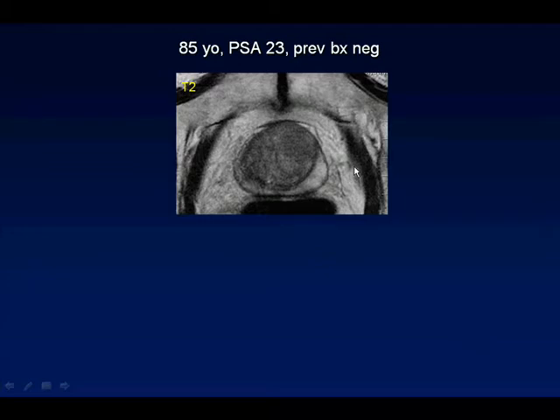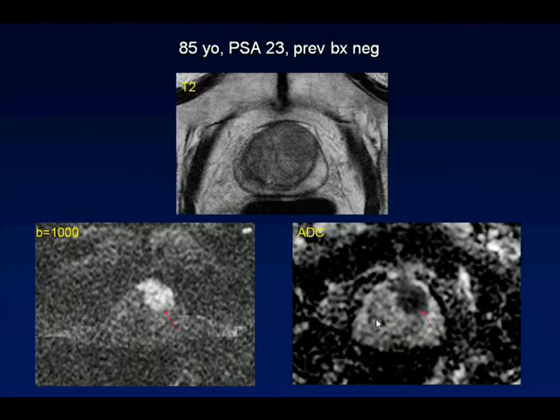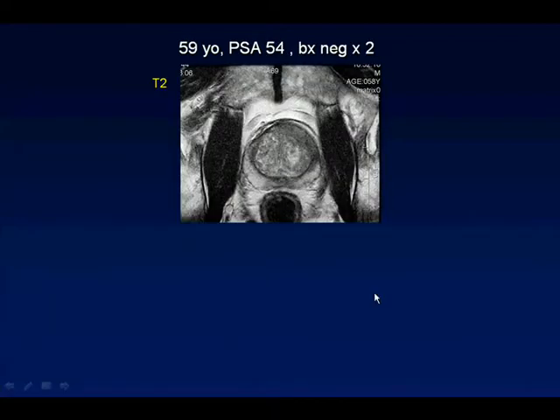When you do diffusion-weighted imaging on the DWI, it stands out as bright because the normal transition zone is not bright. So it does stand out on a DWI. And on the ADC map, it's dark. So in this patient, diffusion was able to find the site of cancer that we were able to prove. And not only that, it was able to give an estimate that this is a pretty large tumor in the anterior transition zone.